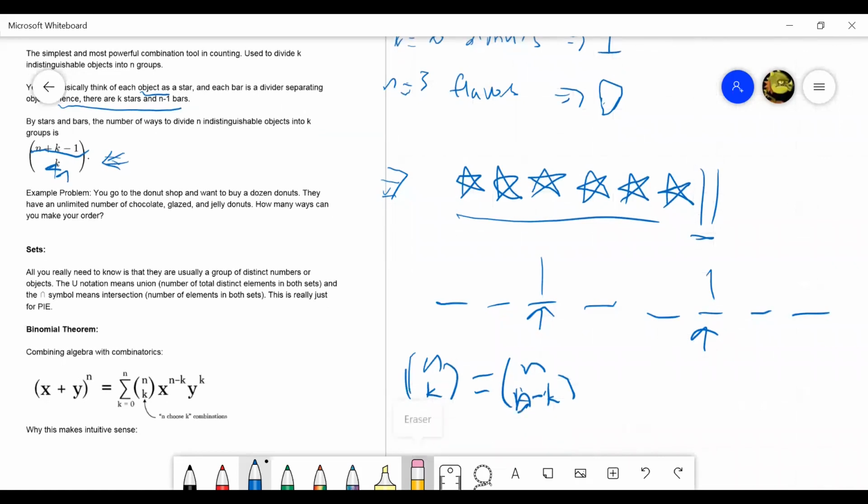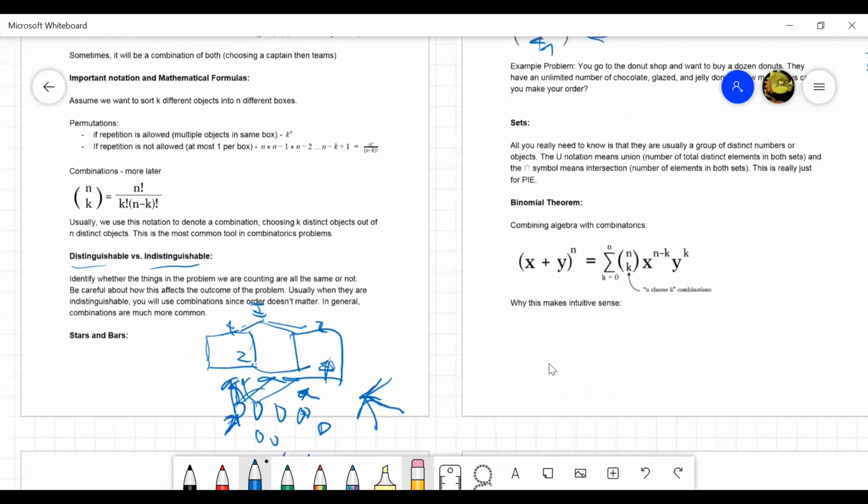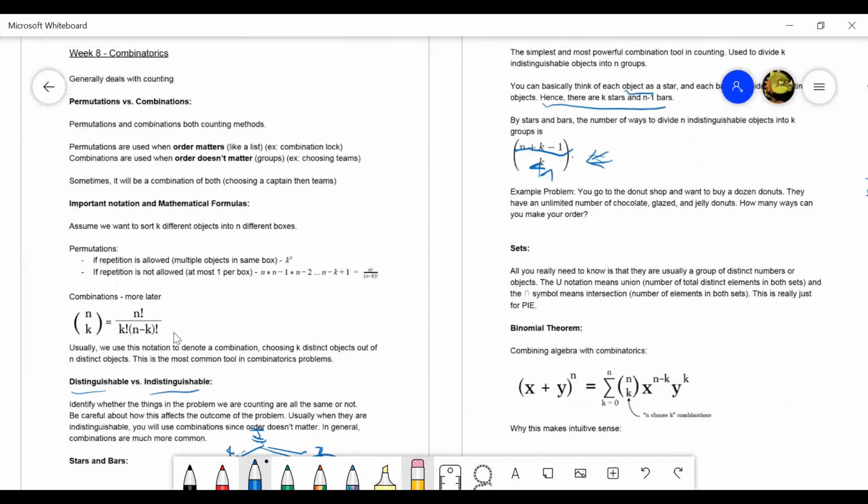You can think of this like if you're choosing k objects from n, you can also choose the n minus k objects out of n that you're not going to choose. So that's why these are equal. And if you plug it into the formula, all it does is switch the n minus k and k, so it's the same because of the commutative property.